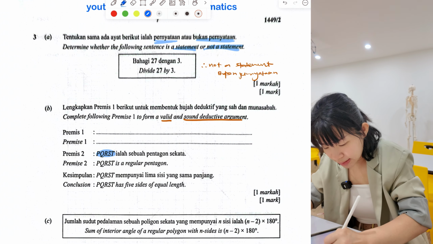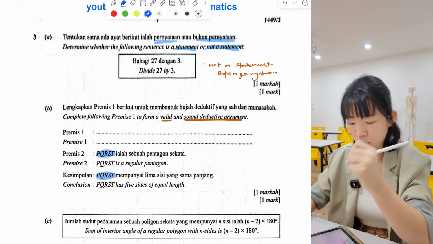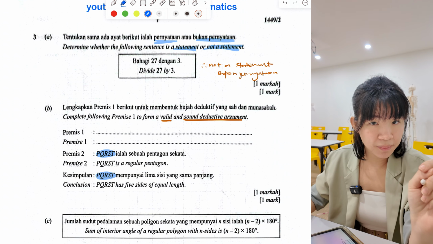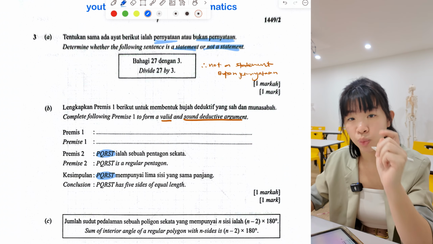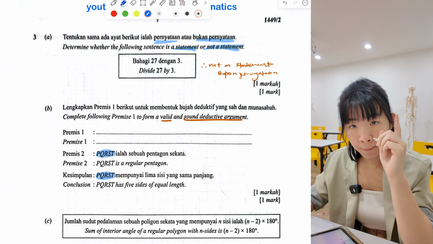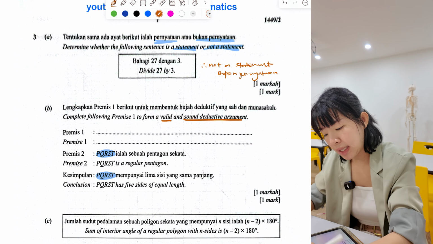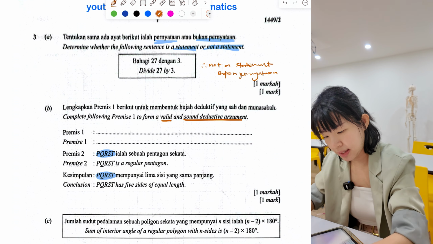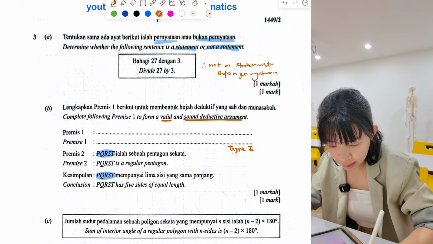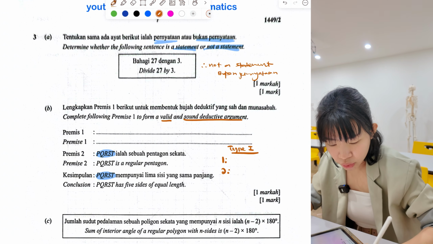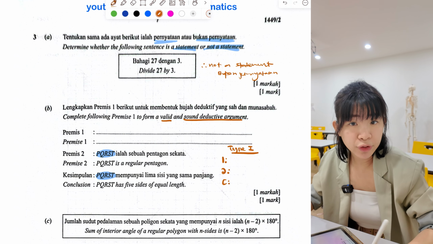The first thing: premise 2 and conclusion are exactly the same. When you see exactly the same, this one belongs to type 1. Bentuk pertama. So what is type 1? Let's see the format. For type 1, there is premise 1, premise 2, and conclusion, so it always comes with 3 sentences.